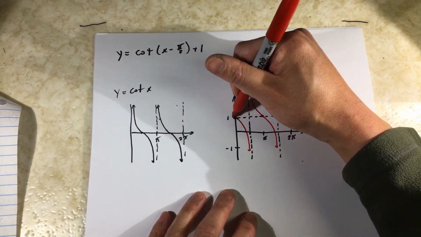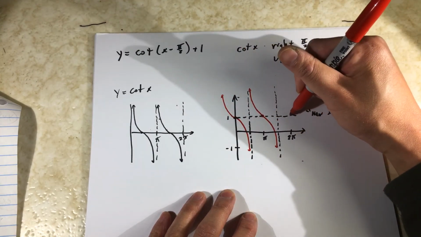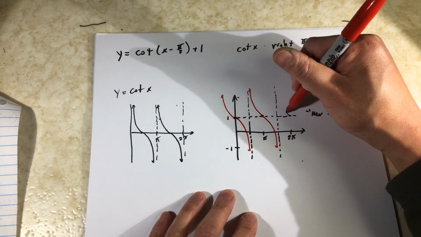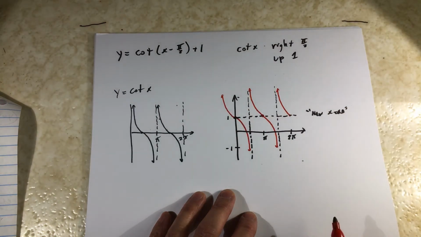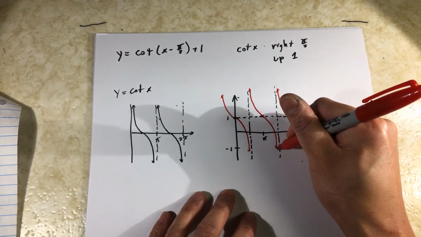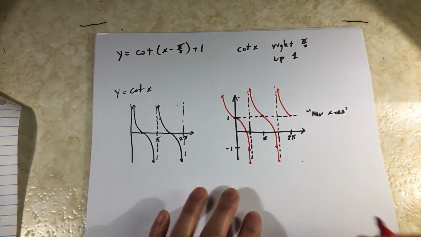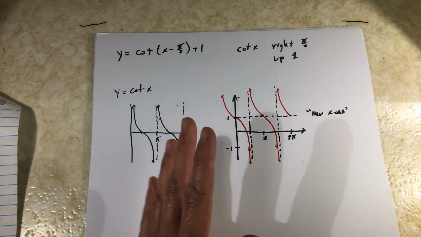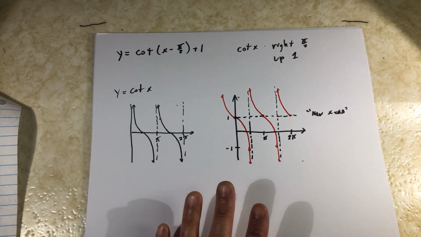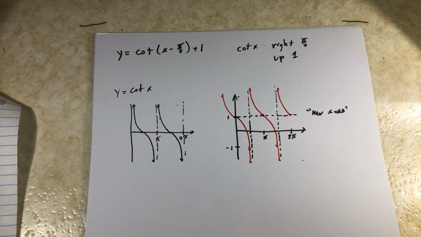Here, I'll just draw for fun, but it also goes like this. And then from over here, I know what that pattern looks like. So our graph should look something like this, where you shifted right pi over 2 and also up 1.